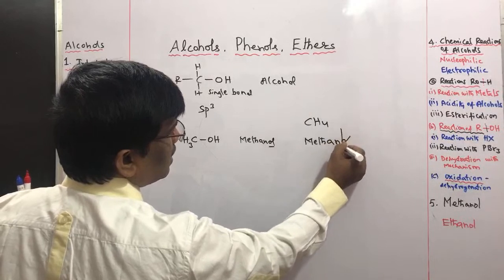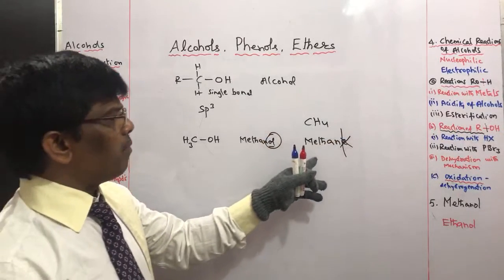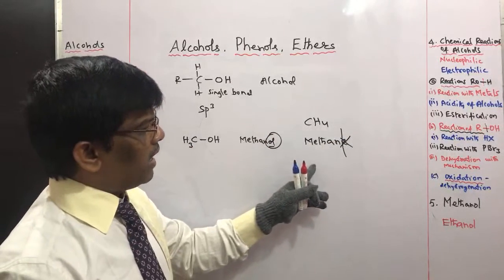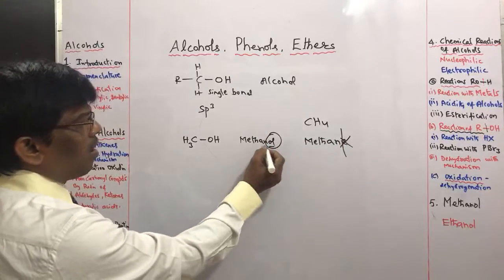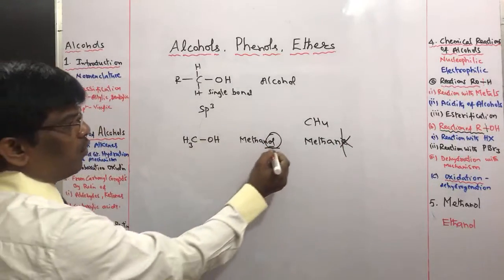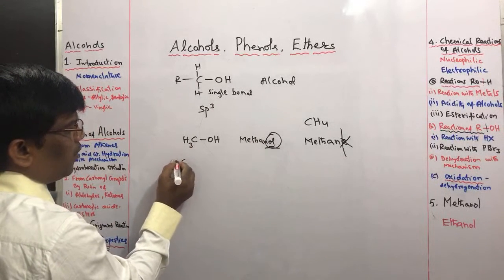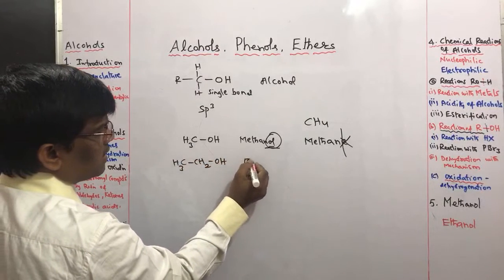So just simply remove the E and add OL to the IUPAC nomenclature of alkanes like methane, ethane. From alkanes, remove E and add OL, and it becomes alcohol. The suffix OL means alcohol. This is methanol. If you add CH3CH2OH, this is ethanol.